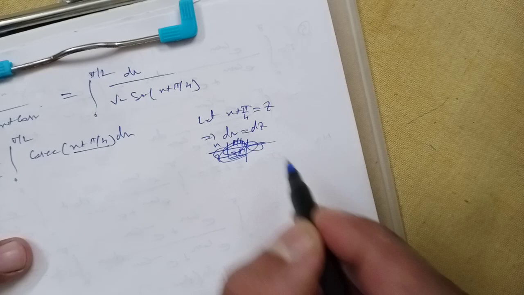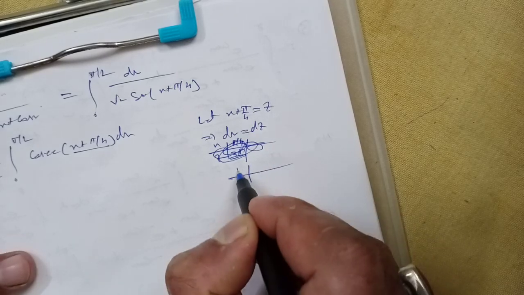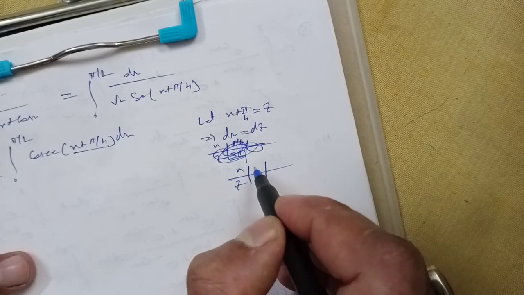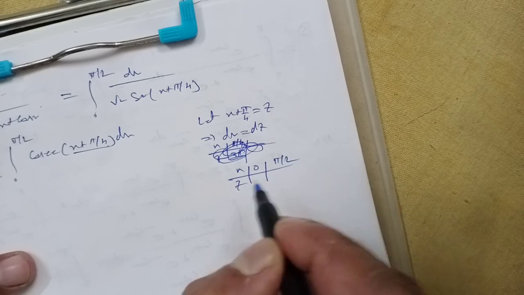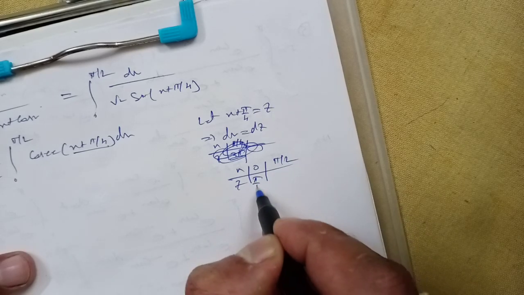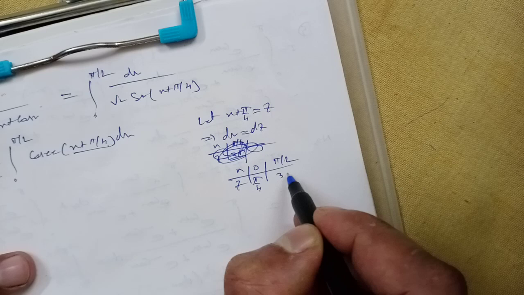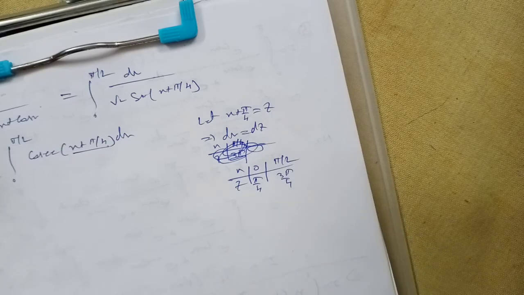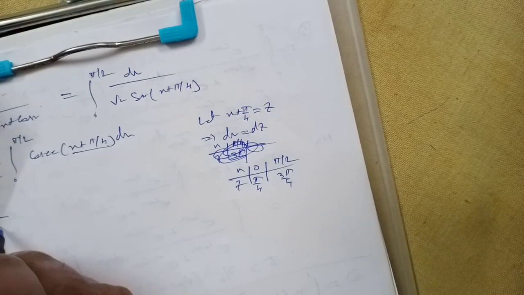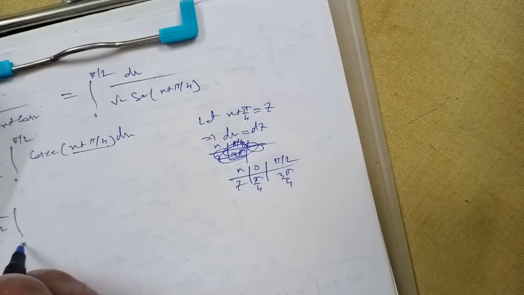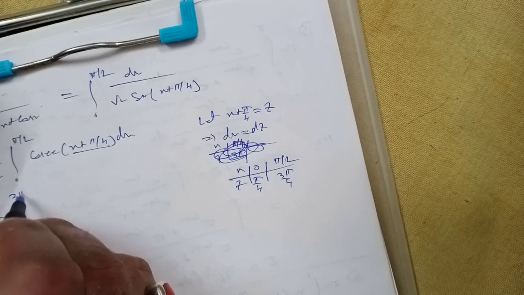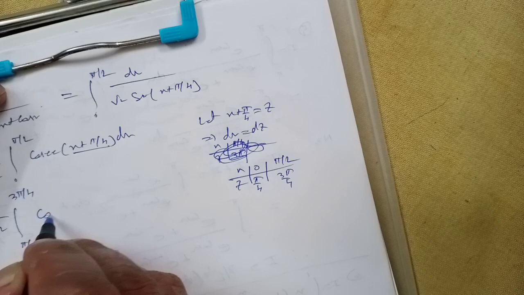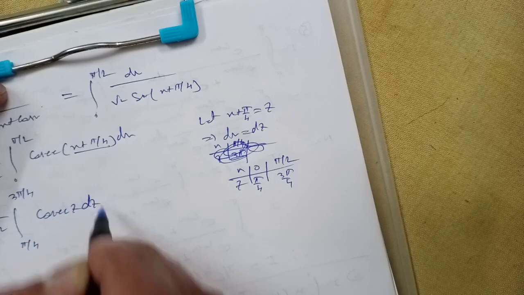Values of x are 0 and pi by 2. When x is 0, then z is pi by 4. When x is pi by 2, then this is 3 pi by 4. So 1 by root 2, this is pi by 4 to 3 pi by 4 cosec z dz.